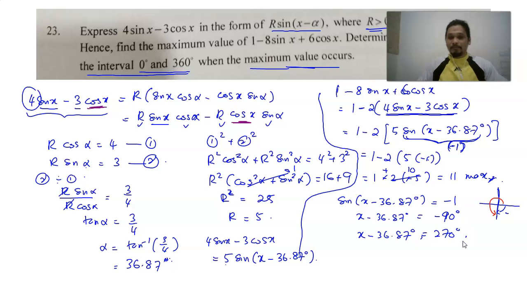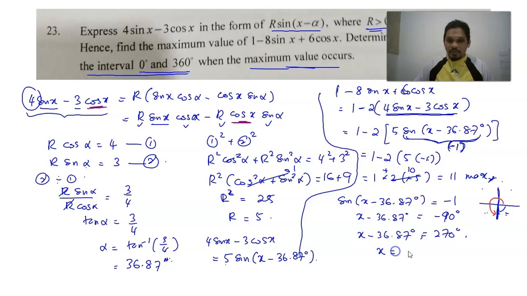270 degrees. Okay, and sine of any angle equal to negative lies in the third and the fourth quadrant, because sine positive lies in the first and the second quadrant. So it lies in the border of the third and the fourth.